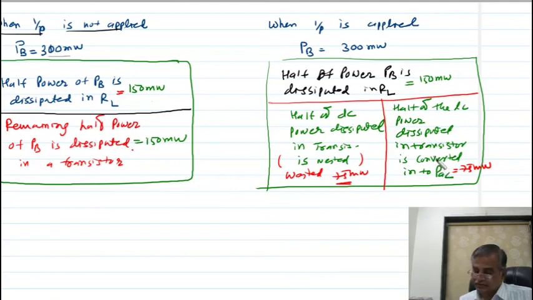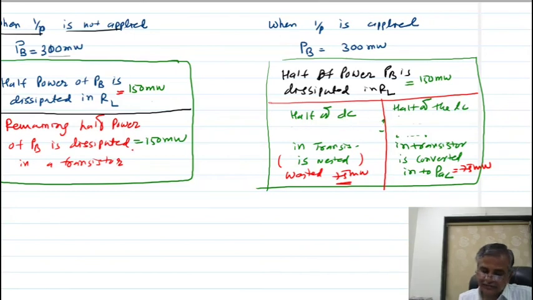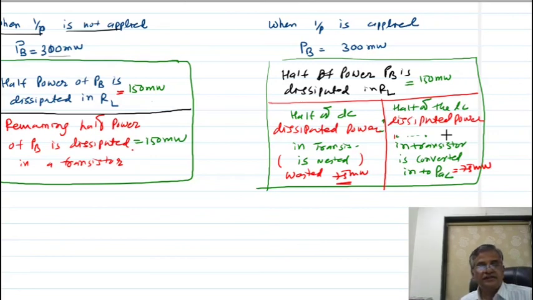So half of the DC dissipated power in the transistor is wasted, and half is converted into PAC.